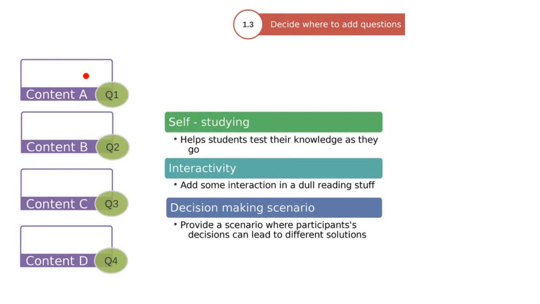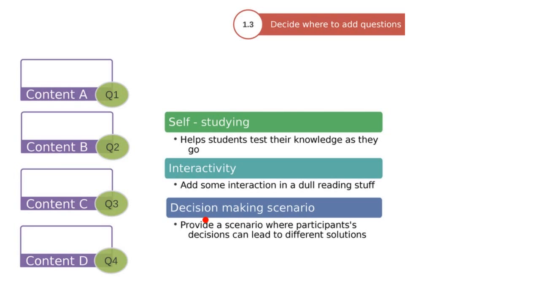This style of setting up a lesson is very helpful when it's about self-studying, or when I want to make very dull and hard reading material more interesting. By adding the question, I'm actually adding some interaction between the system and the user.